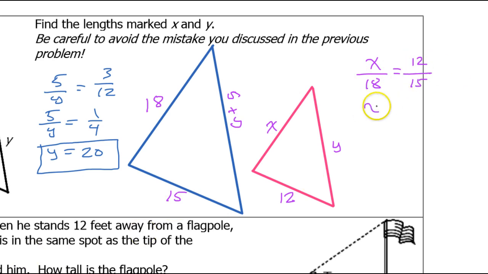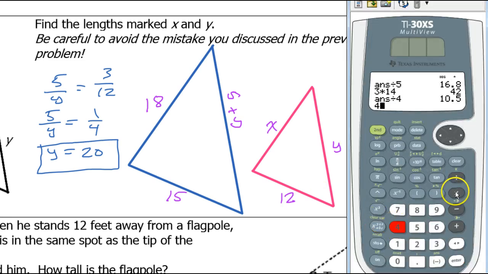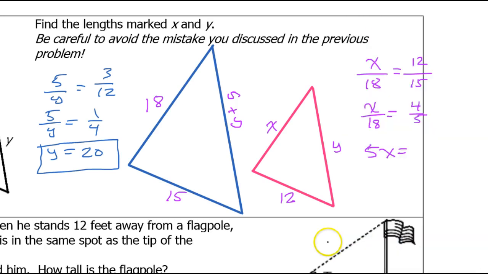Okay, this reduces to 4 over 5. So when I cross multiply, I'm going to have 5x equals whatever 4 times 18 is. Okay, that's 72. And then I need to divide by 5.